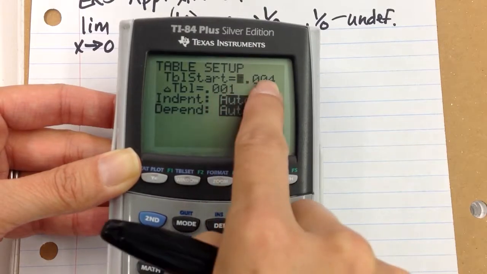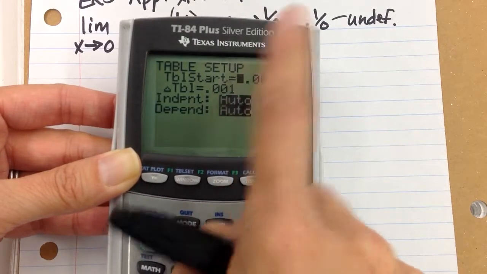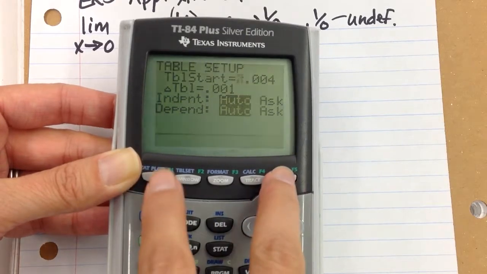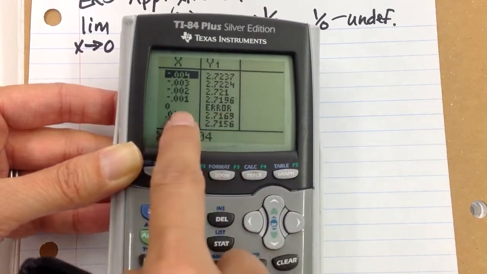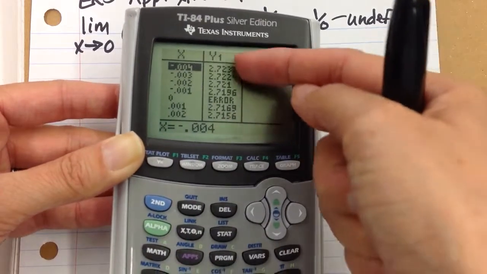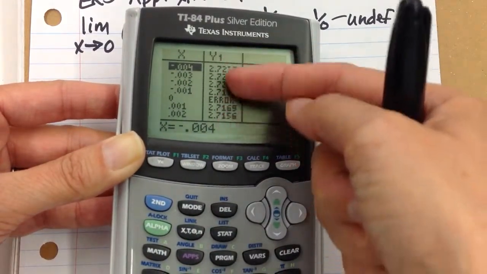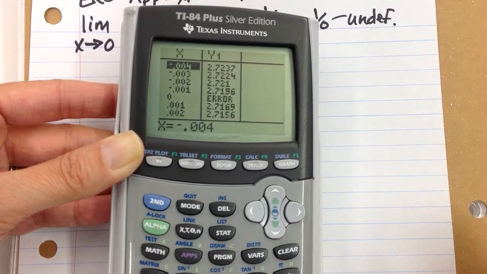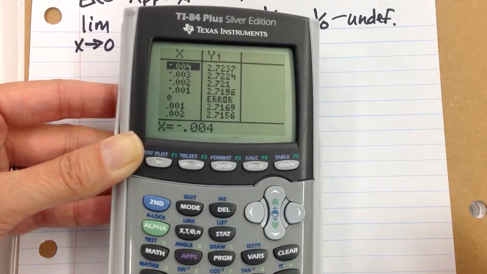Okay, and don't worry about that. As long as you put 0 here, I think that just automatically came up. Now when I go to my table, I get an error at 0, but look at the numbers above 0 and below 0. 2.71. What number is that? That's a special number. It's e. Yes, that's e.